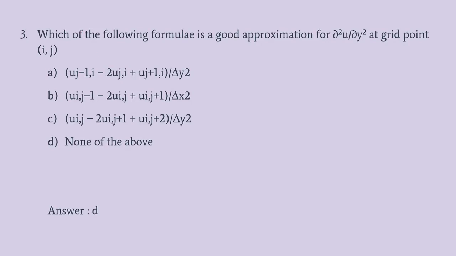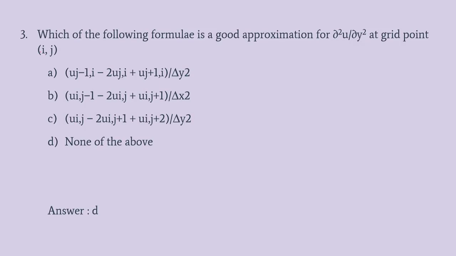So here it's about approximation or the discretization of the equation. For the following formula, a good approximation for dou square u by dou y square at grid point ij. From the first week video itself, you might have seen what a grid and grid points are.